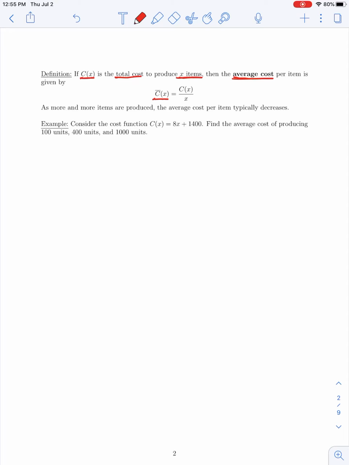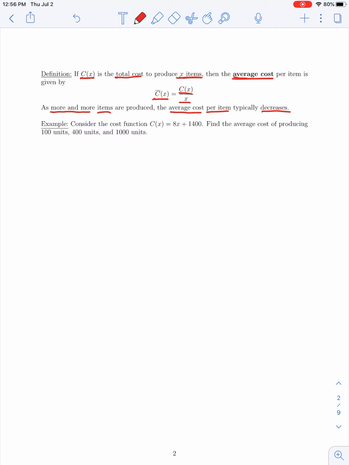So we have C of x but with a bar over the variable C, and it's defined as the total cost function C of x divided by the number of units we produce, and that would give us the average cost per unit or per item. And generally, as we produce more and more items, the average cost per item is decreasing in most cases. I think all cases that we would consider in our course.